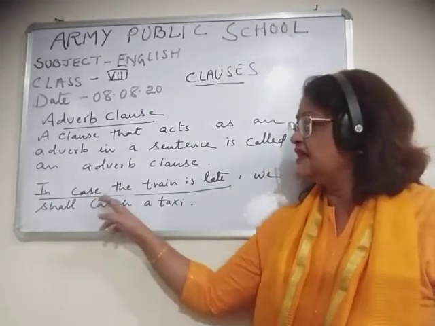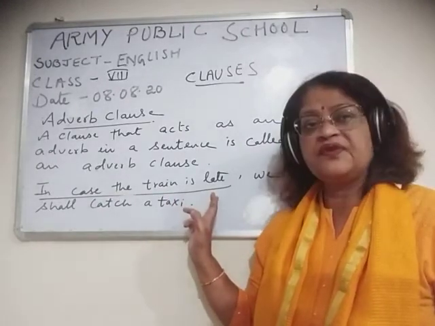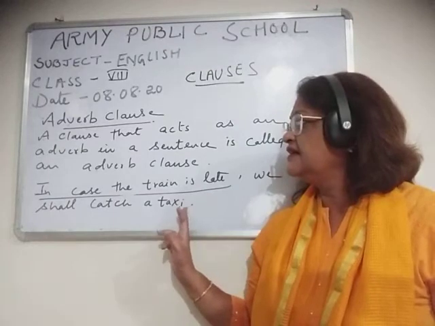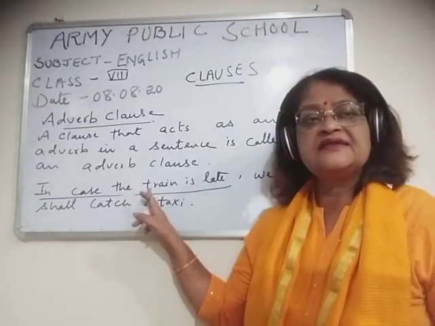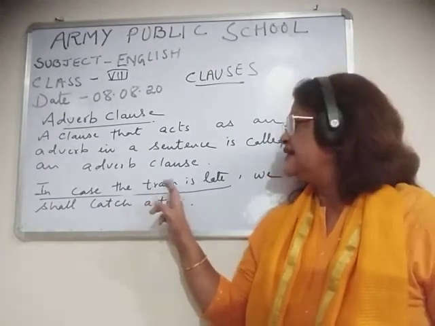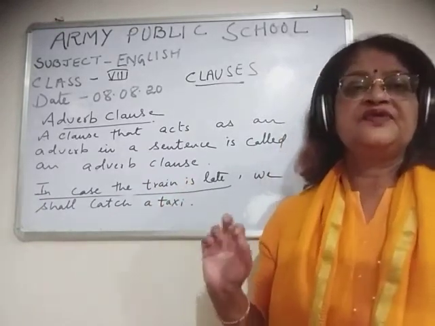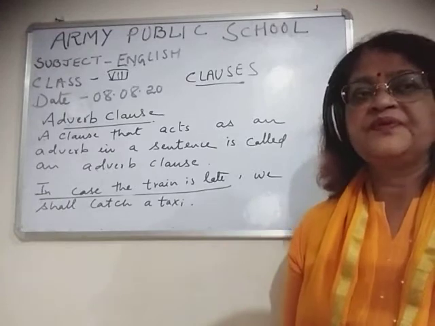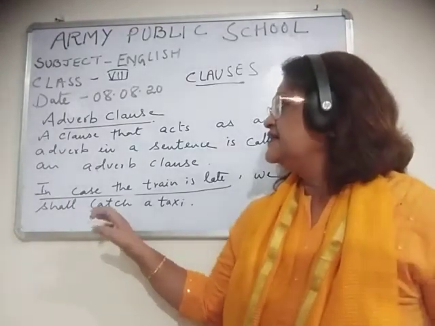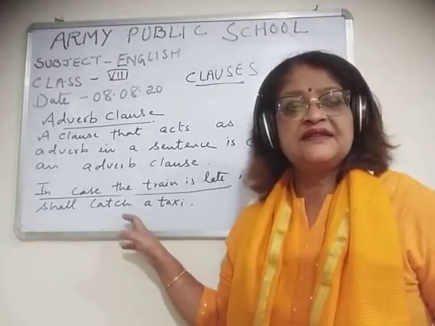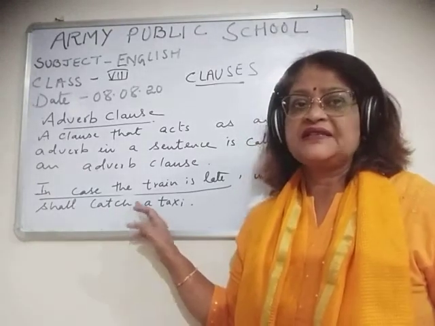So the underlined part is a part of the sentence. You can see, children, the train is a subject and is is the finite verb. It is modifying the verb catch.